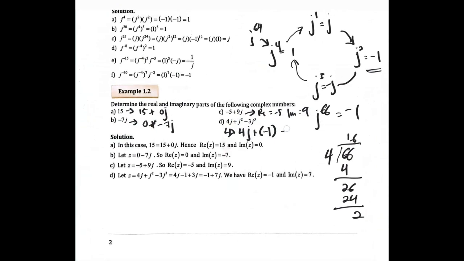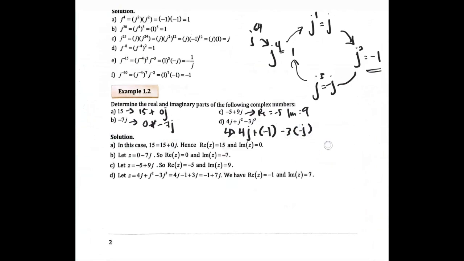So we have minus 3 times negative j. This will give us 4j minus 1 plus 3j. That is how you figure it out.